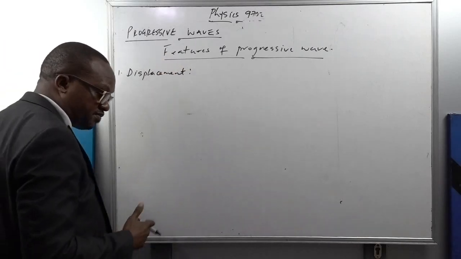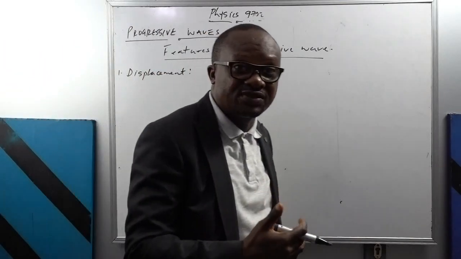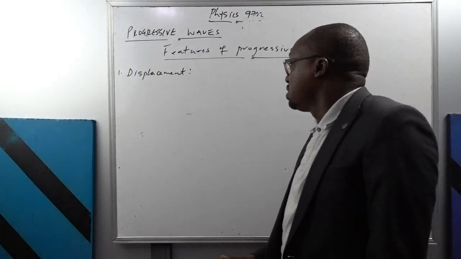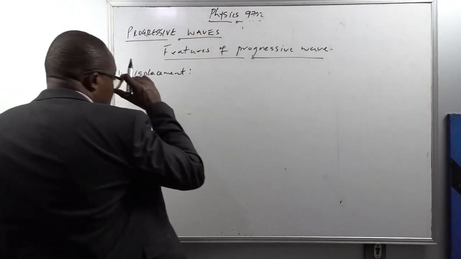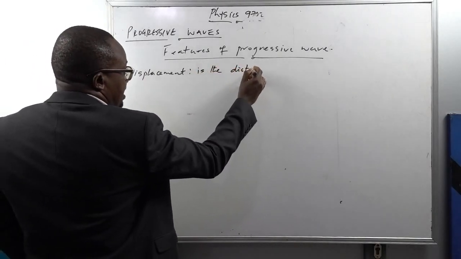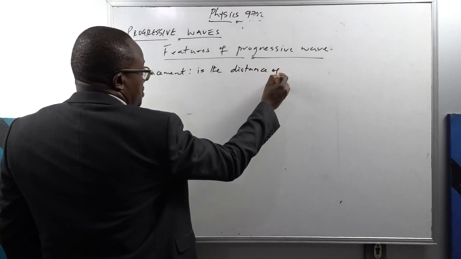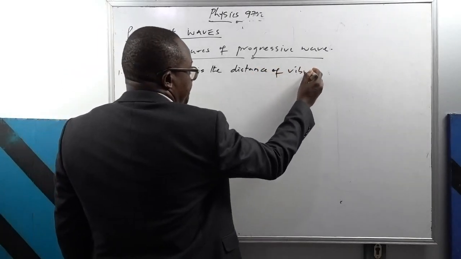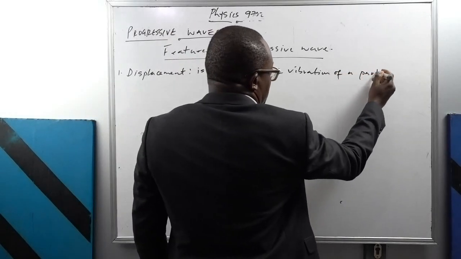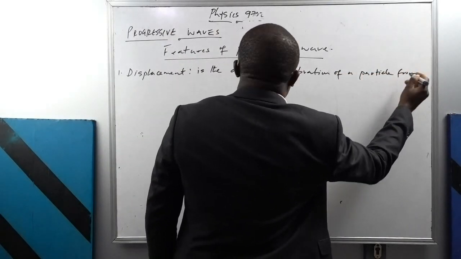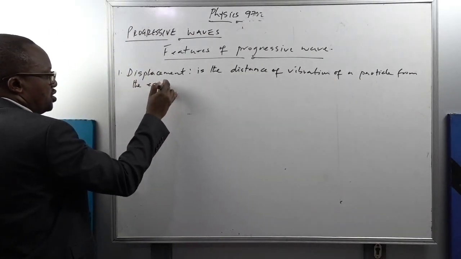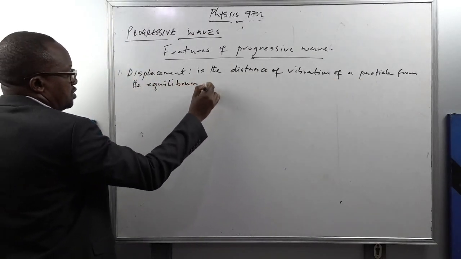Remember, we have said that a progressive wave is a means of energy transfer due to vibrations of particles. The displacement is the distance of vibration of a particle from the equilibrium position.